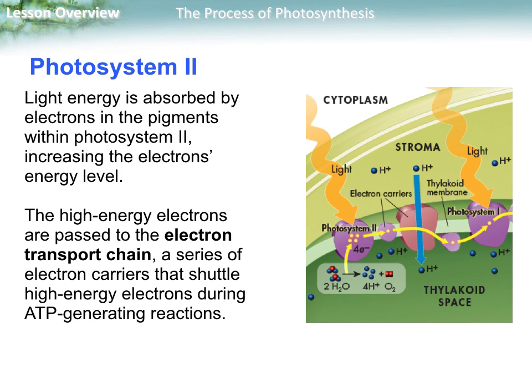So, photosystem 2. The light energy is absorbed by electrons and the pigments within photosystem 2. This increases the electron's energy level. The high energy electrons are passed to the electron transport chain, and this is a series of electron carriers that shuttle high energy electrons during ATP reactions.